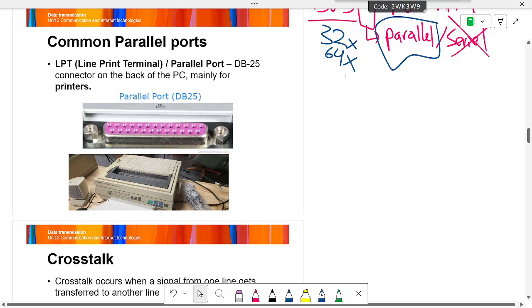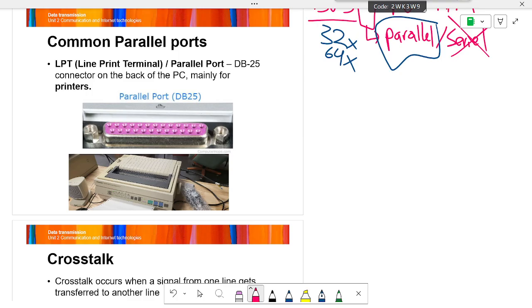Okay. Here are some examples of old parallel ports. You don't need to copy this down. Just have a look. What is this device there, Chet? Have you ever seen hardware like this? It's an old one. Yes, this is a printer. The old printers used, any idea, Uma, what is the name of this port? The old printer ports were serial or parallel?